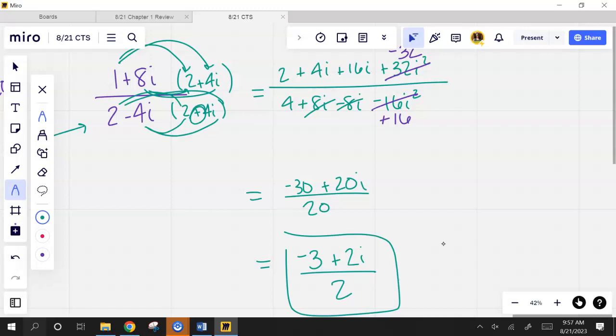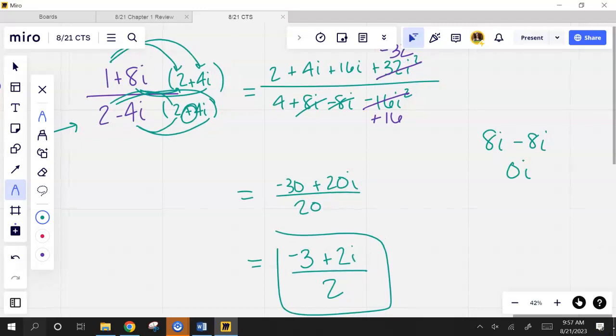Well, what's 8 minus 8? Right. So what's 8i minus 8i? 0i, and 0 times anything is, which is still 0.